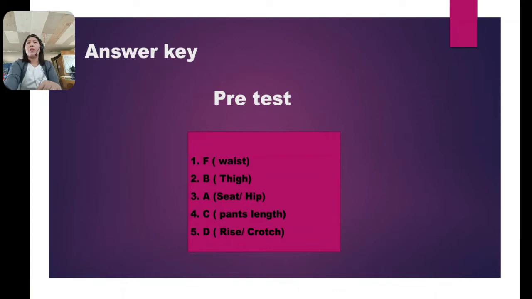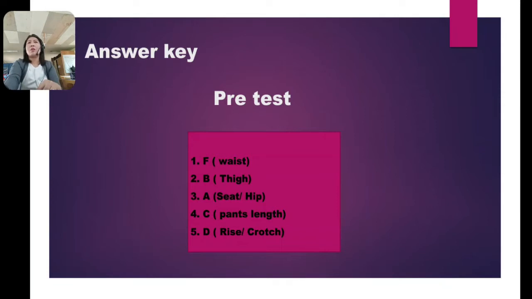For number 3, the answer is A, which is sit or hip. For number 4, the answer is C, which is pants length. And for number 5, the answer is D, which is rise or crotch.